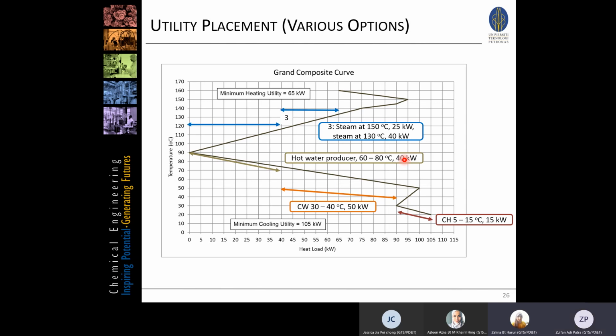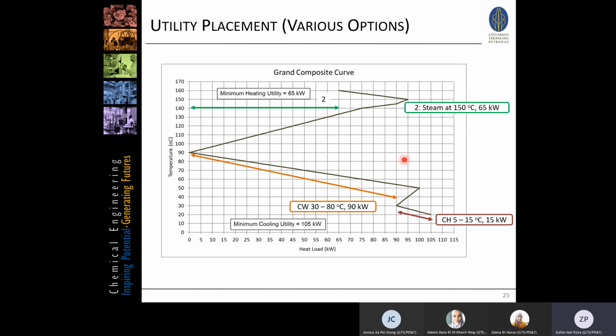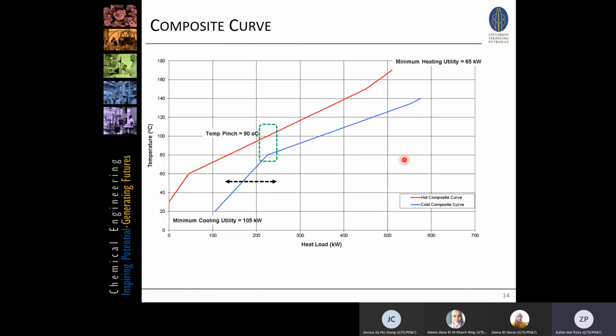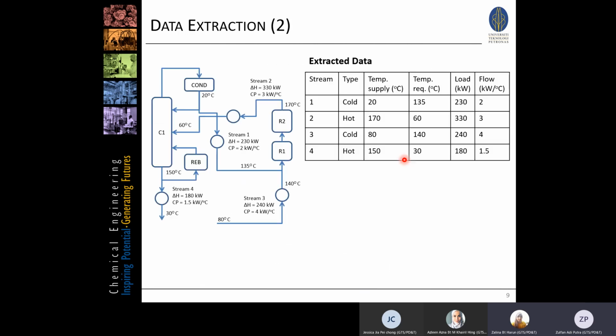Betul. Dia ada. And vice versa, dia punya yang kita nak exchange kan ada dari 132 ke 150. Dia ada. Tapi where exactly? We have to go back to the table tu. Table ni lah. Excel tu. Jadi that 160 70 tu ada sini ya, di stream dia.